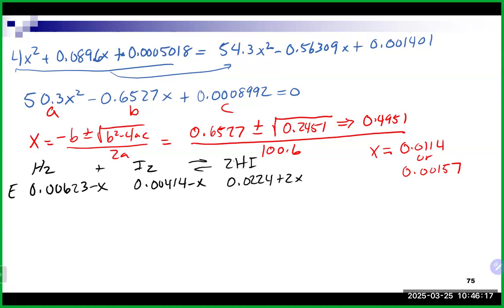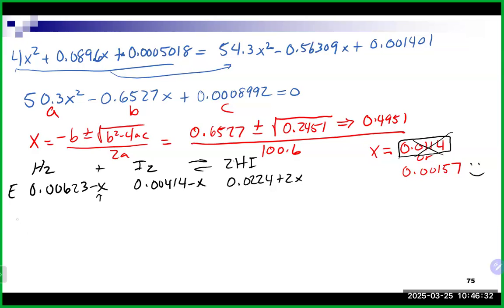So just looking at it, this number right here is going to be too big when we put it back in there. That's going to give us a negative number. So that is no good for that one. That means this one looks like a winner.